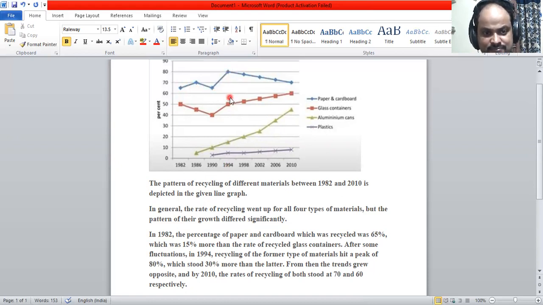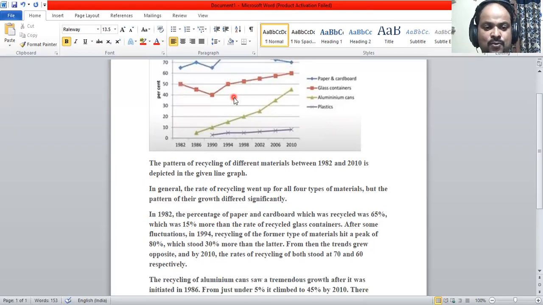From then, the trends grew opposite. And by 2010, the rates of recycling of both stood at 70 and 60 respectively.